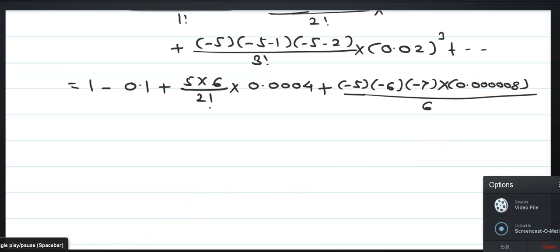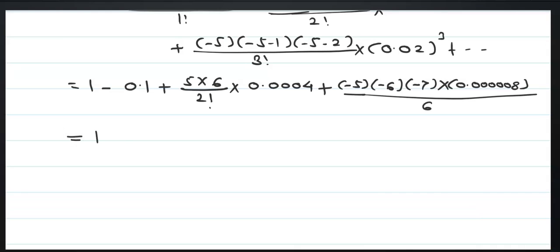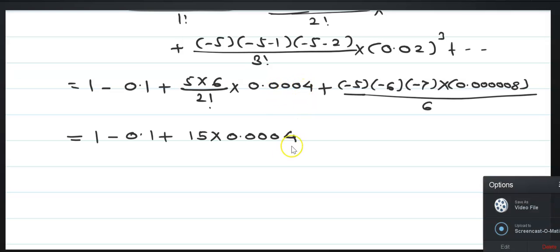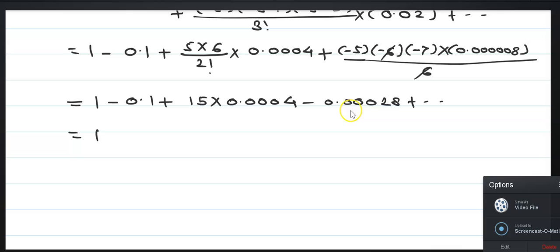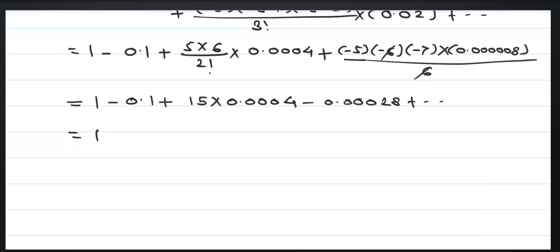Now the next simplification is 1 minus 0.1. Now the next simplification, 30 upon 2, that is 15, into 0.0004, plus, overall it is a minus 0.00028, and you can perform these calculations on your own also.